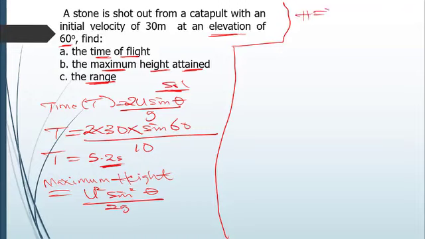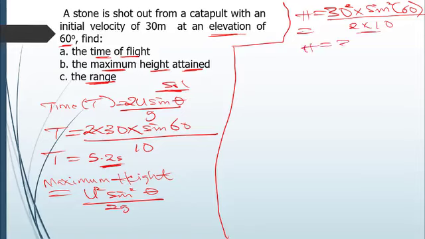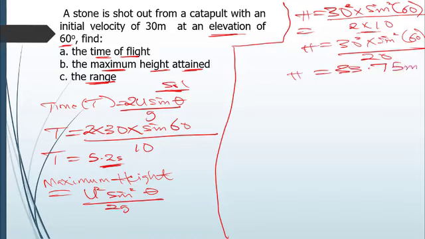So h is equal to 30 squared, 30 being our initial velocity, multiplied by sine squared 60 in brackets. 2g means 2 times 10, which will give you 20. So this will become 30 squared times sine squared 60 over 20. It's going to give you 33.75 meters.